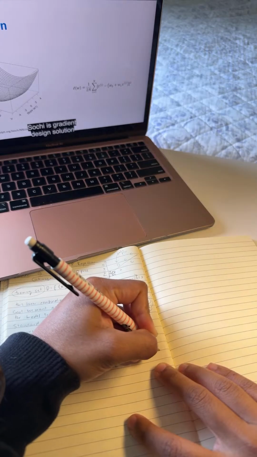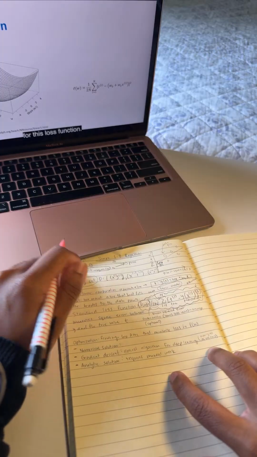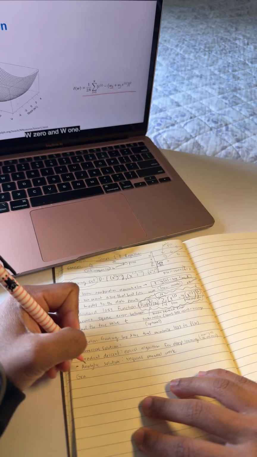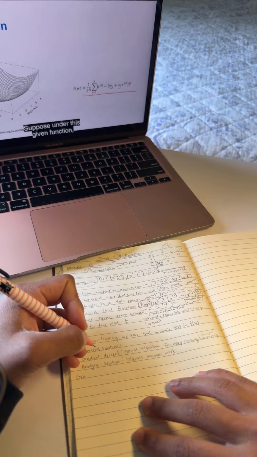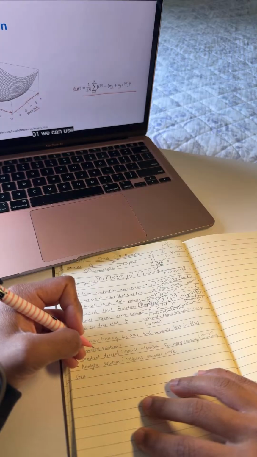Okay, so for here, what is the gradient descent solution? Here, for this loss function, we only have two unknowns, right? W0 and W1. So let's suppose under this given function, this is the loss value, this is one weight, and this is another weight, W0 and W1.